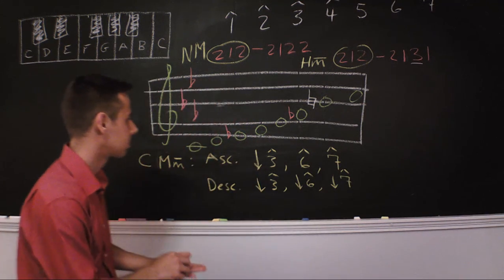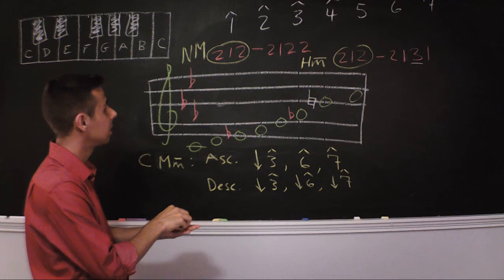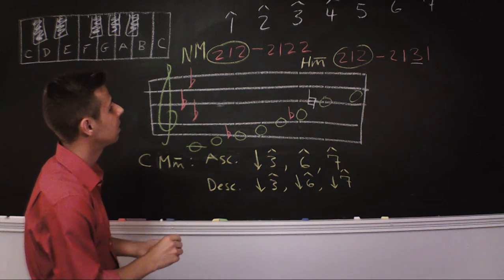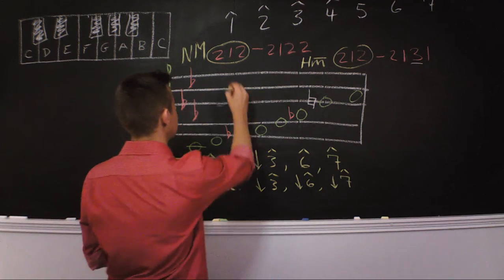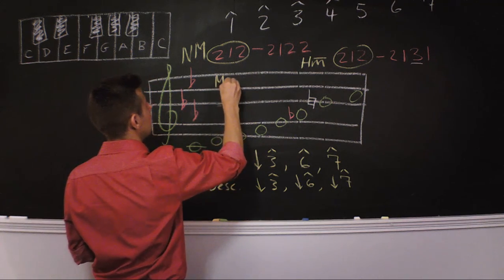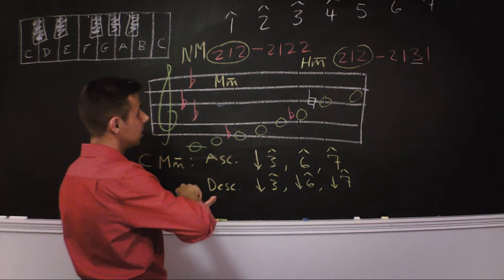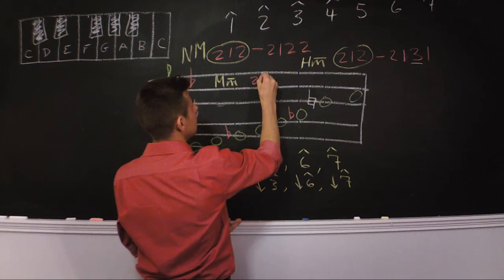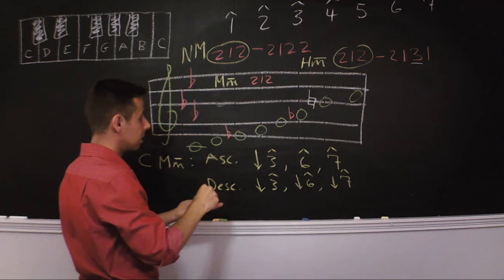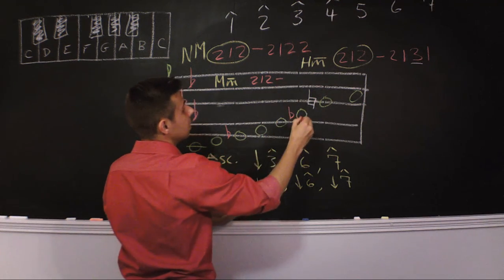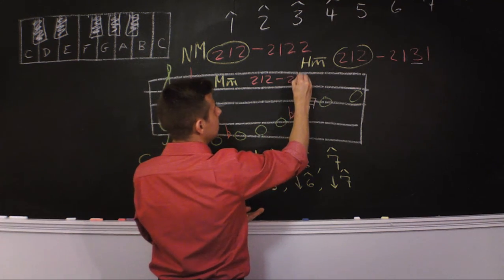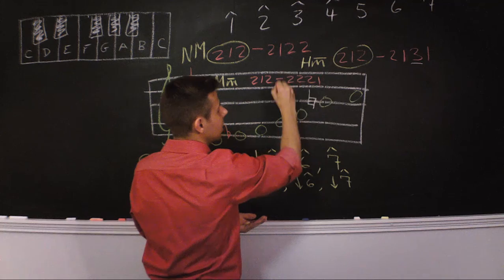Alright. So as it turns out, and we'll write this in the last place we have room, the melodic minor, the phone number for this is, of course, again, 212, as that is always the same. But then, for the ascending, we have 2221.